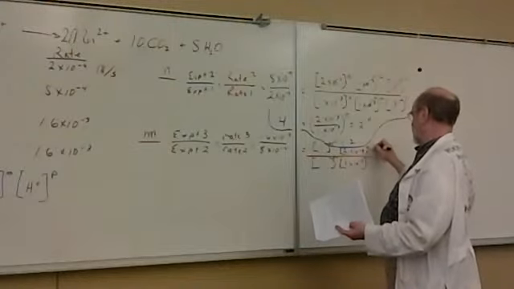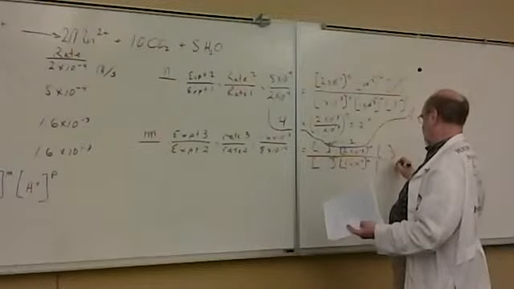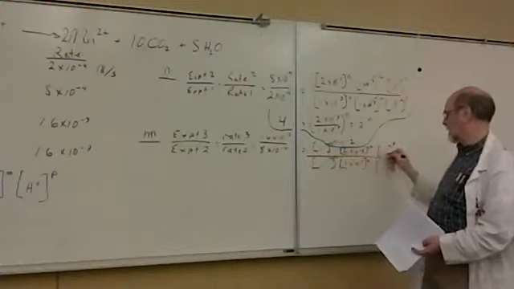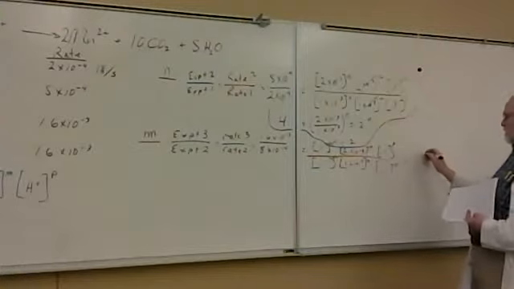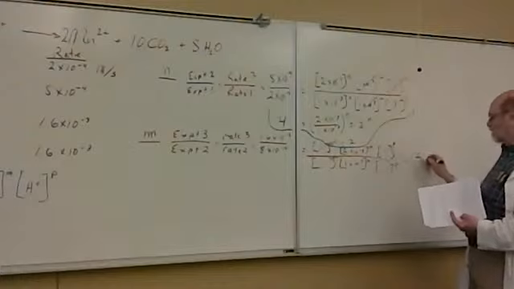And this one is to the m power. And then the hydrogen is to the p. And since we held those constant, they cancel out. So now we have 2 divided by 1 to the m power.